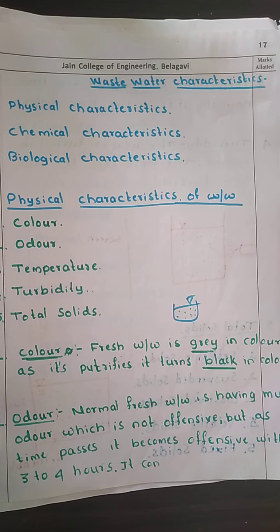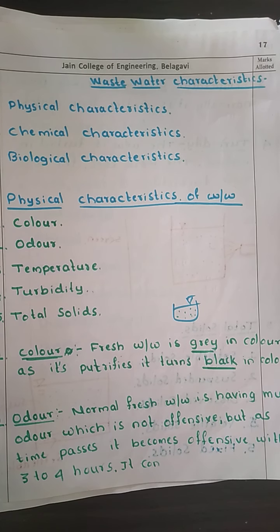Now this is regarding domestic wastewater. For industrial wastewater, the color depends on the different chemicals that we use in that particular industry. Normally the fresh wastewater will be gray in color, but as time passes, it decomposes and converts into black in color.